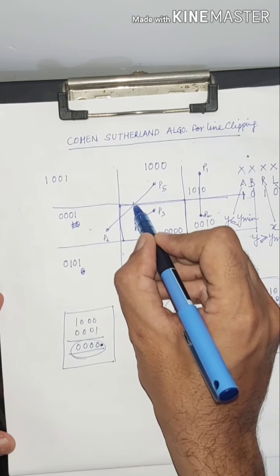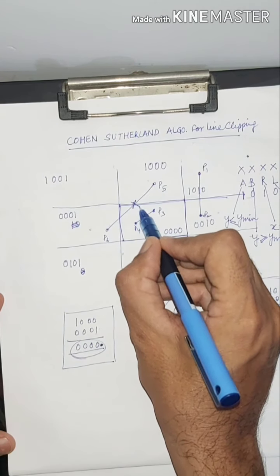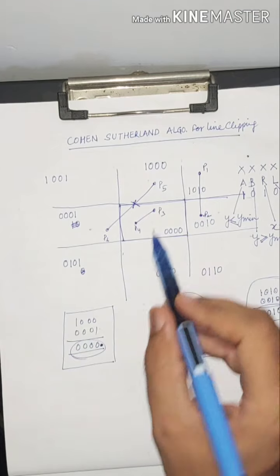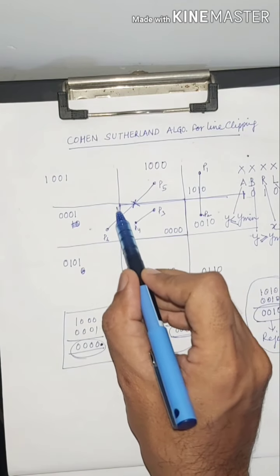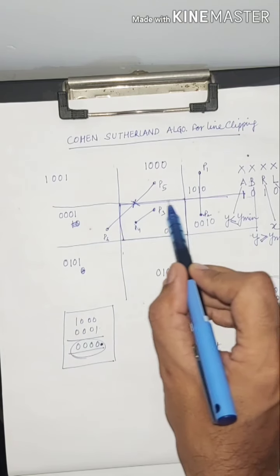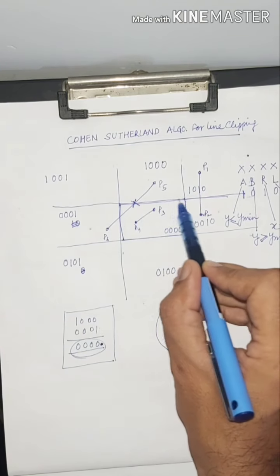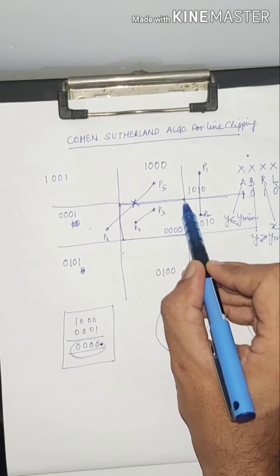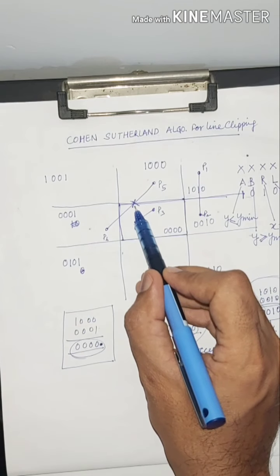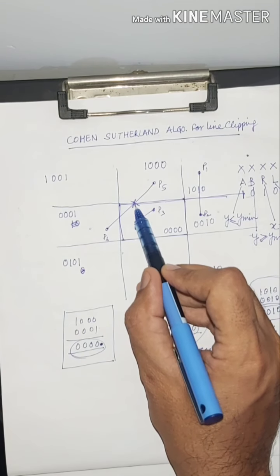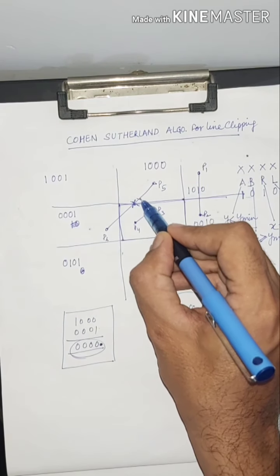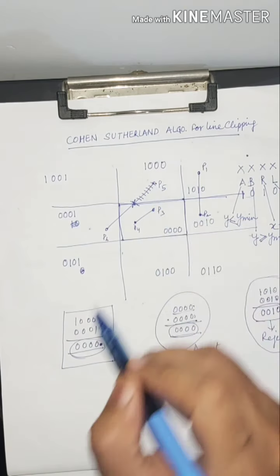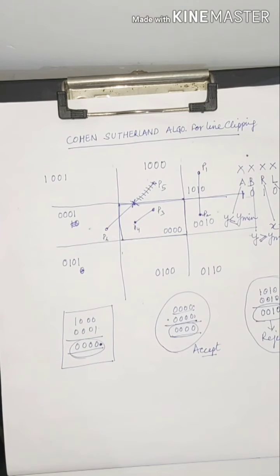In this clipping window, suppose this is the point of intersection with this upper horizontal boundary. You will find after calculations that this is the point of intersection and this is the outside point. So this much part of the line will be rejected.